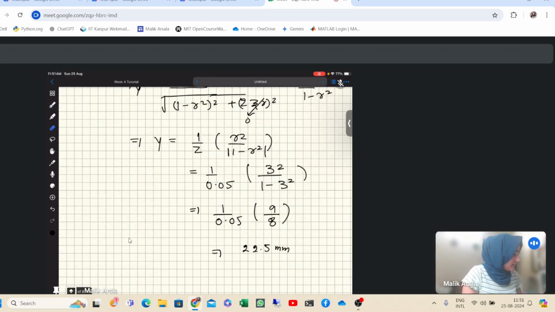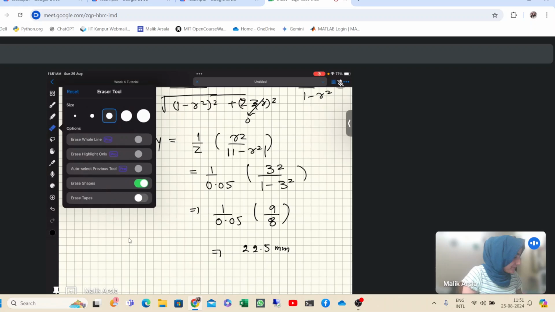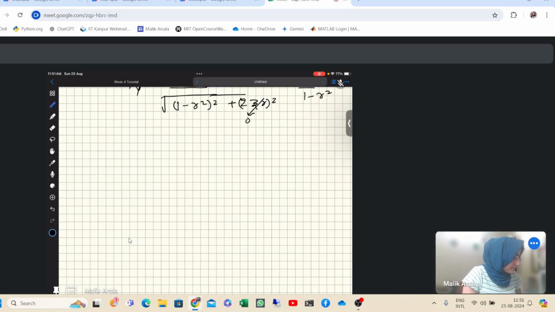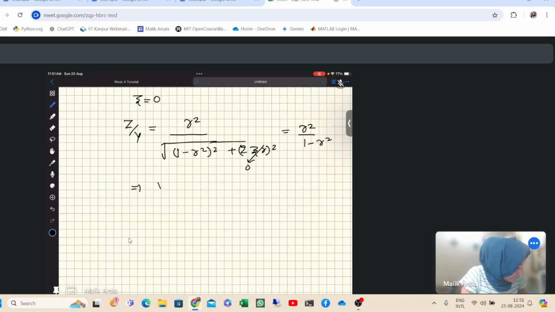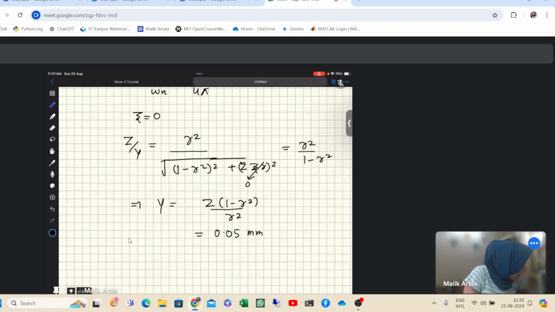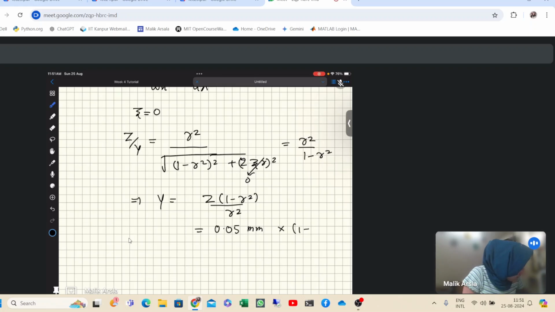Here we made a little mistake. Okay, let me erase it. So here y will be z into 1 minus r square upon r square, right? It will be 0.05 mm, which is given in the question, into 1 minus r is 3 square.